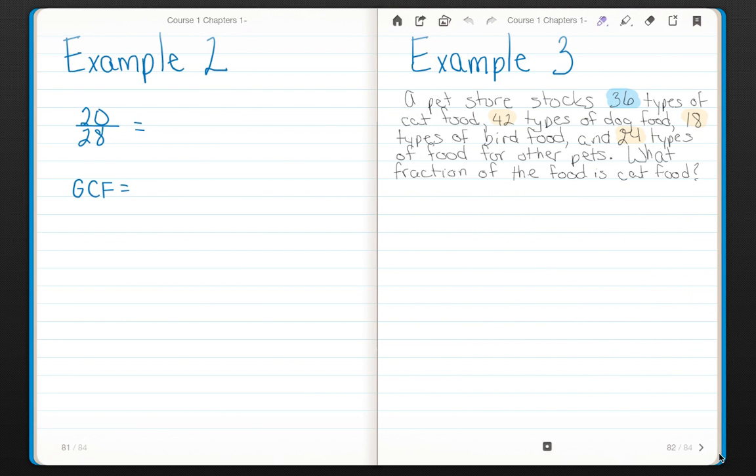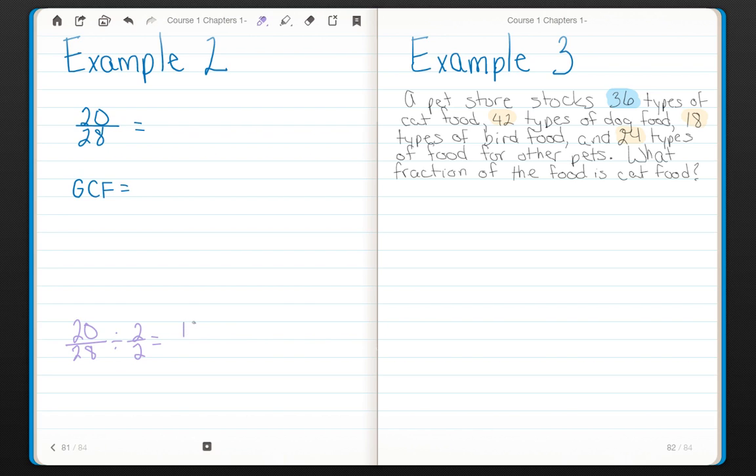So example 2 is reducing fractions to its simplest form, which you all know how to do, but this time we're going to do that by finding the greatest common factor. And the reason that we want to find the greatest common factor is because it will allow us to reduce in one step. So let me demonstrate really fast. If I have 20/28, they're both even, so I know that 2 is a common factor.